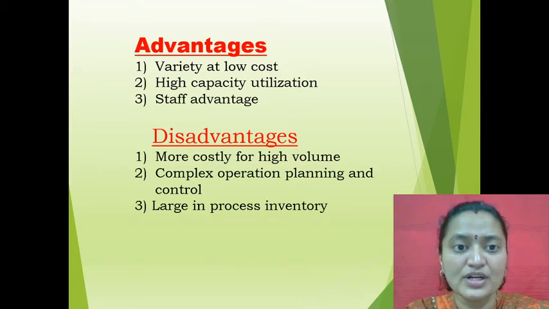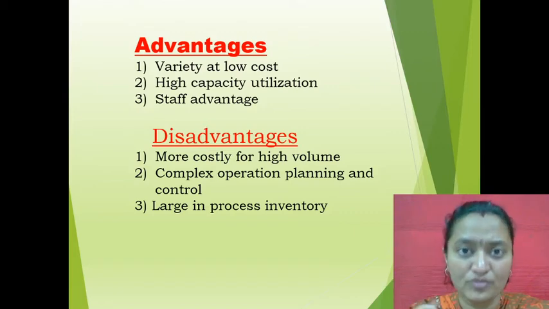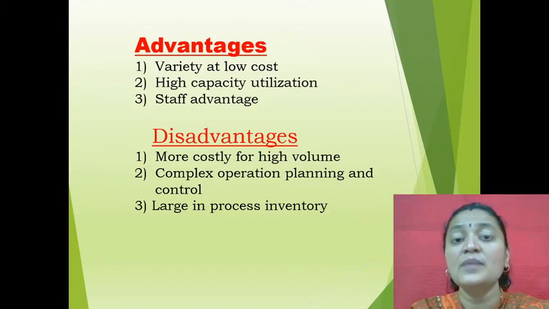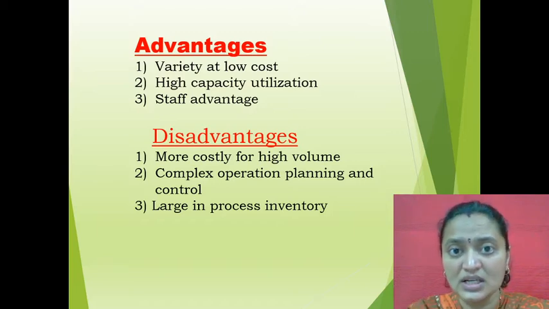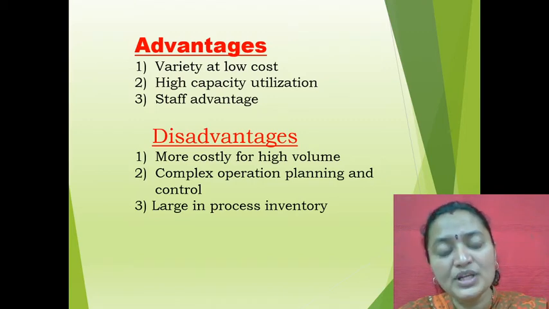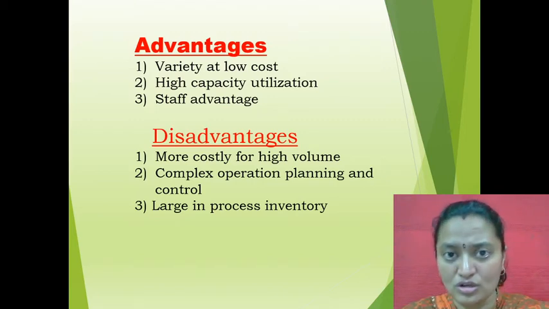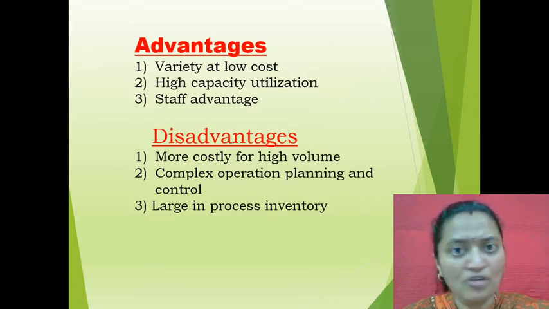Advantages, the first point is variety at low cost. Variety at low cost means what? A small volume of products is produced, but the cost which is incurred here is low, or less. Now you need to remember, what do you mean by variety at low cost? Variety means what? Variety of products.